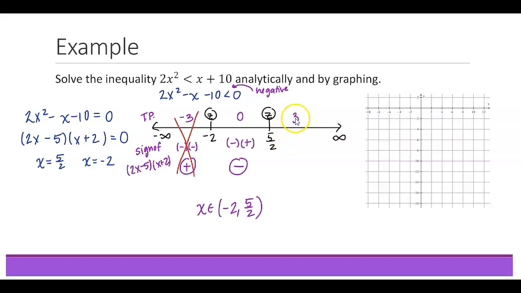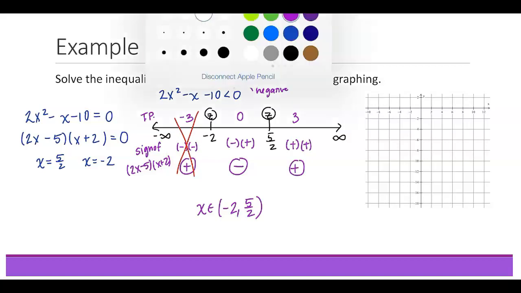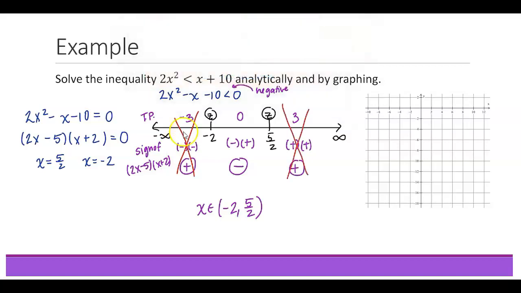And then finally, when I plug in 3, 2 times 3 is 6, 6 minus 5 is positive 1, and 3 plus 2 is another positive, so this interval is positive. We do not want to include positive intervals, we want negative ones, so here is my answer.